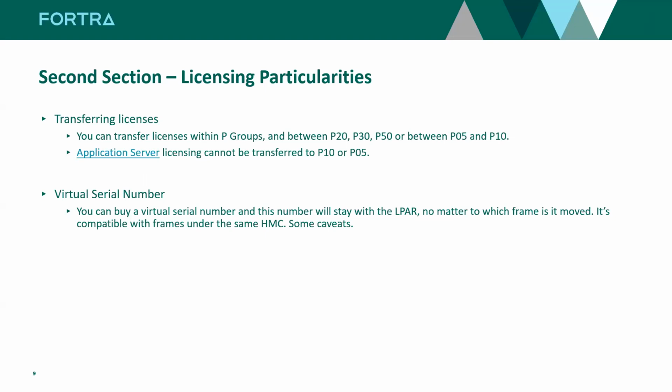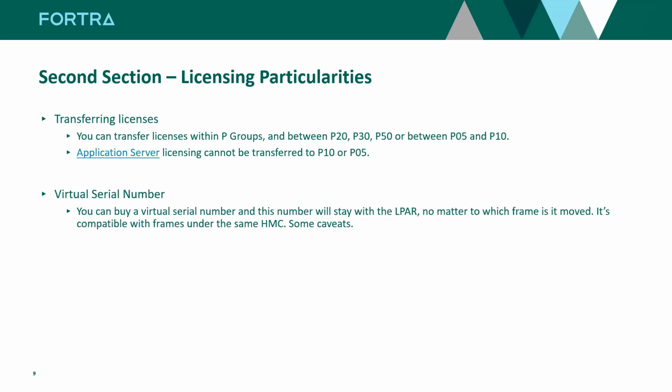Now, for the virtual serial number, you can buy a virtual serial number, and this came as a solution for customers that could be in the cloud or could be in an environment where they use live partition mobility. You buy this virtual serial number, and this number will stay with the LPAR.